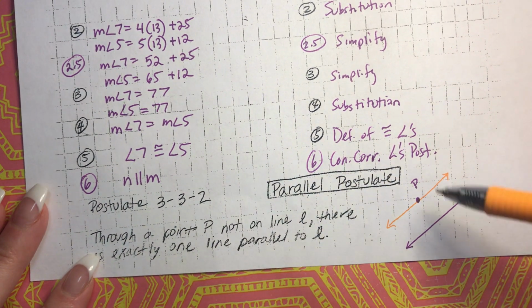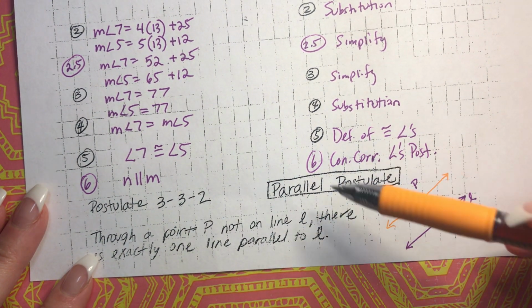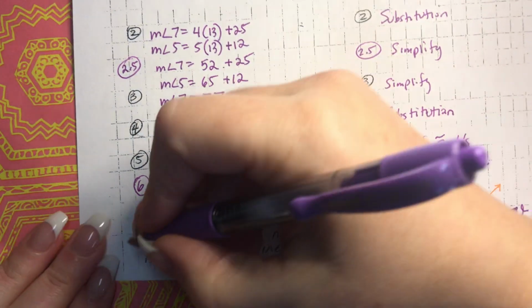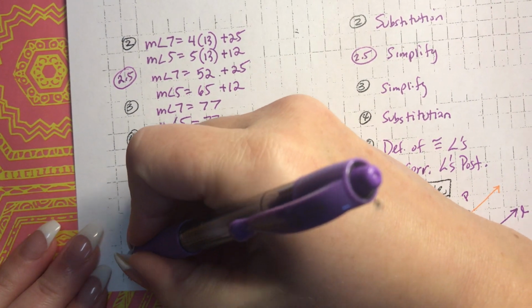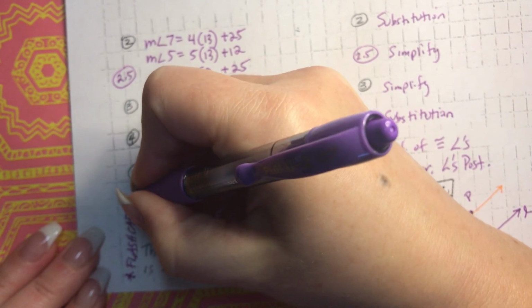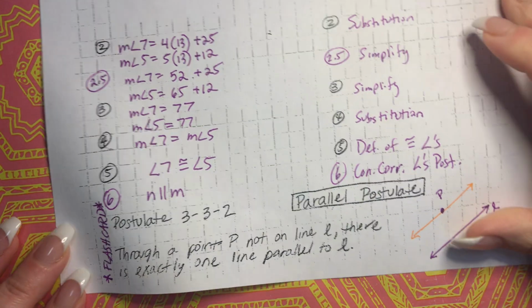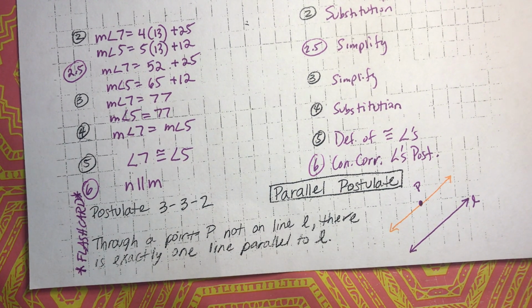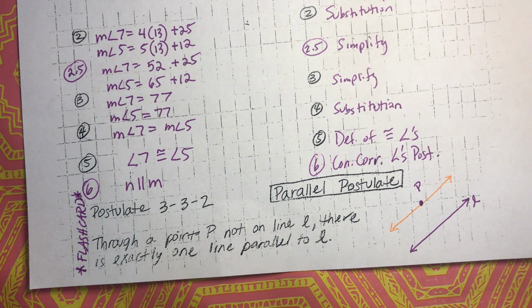They'll use this in a proof, I think in this chapter or the next. So just know that's the parallel postulate. This is a flashcard. This one isn't as popular as, let's say, the vertical angles theorem or the linear pair theorem, or all the ones that we're doing right now.